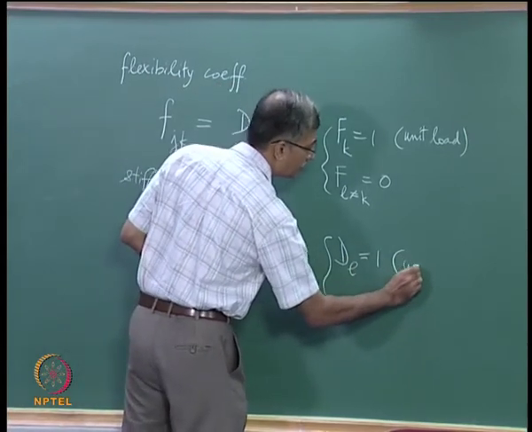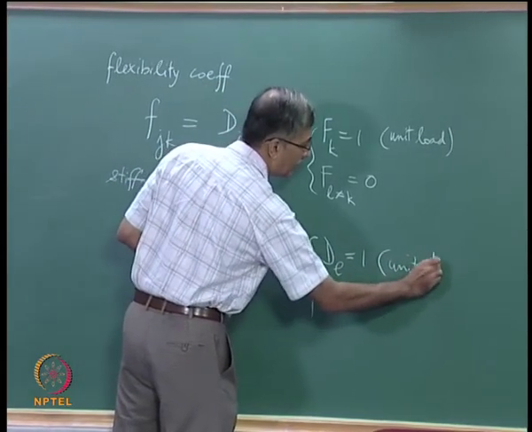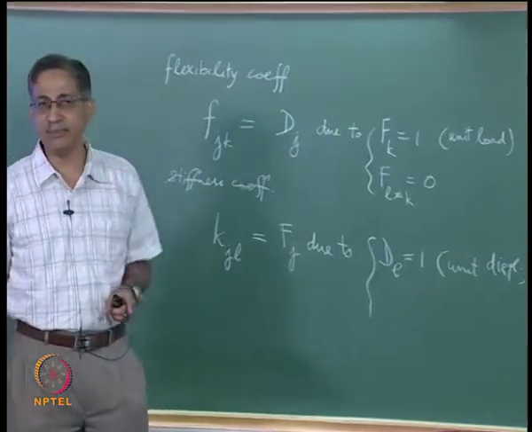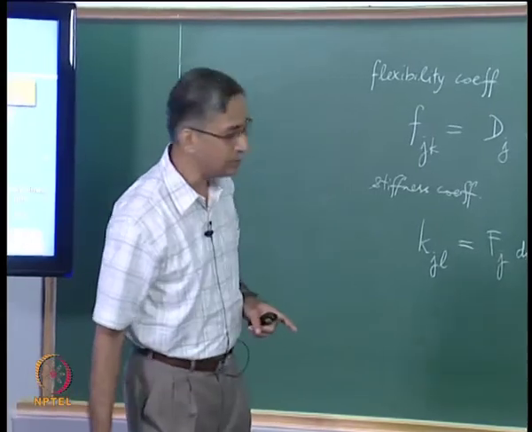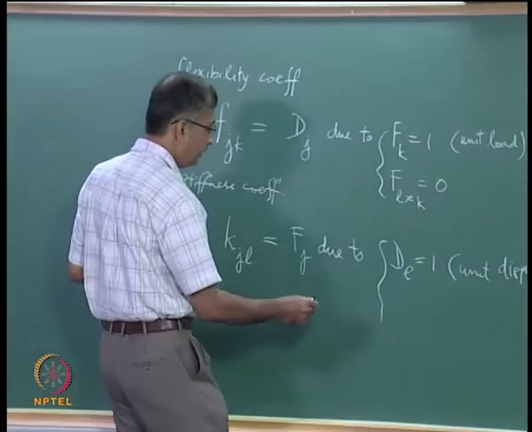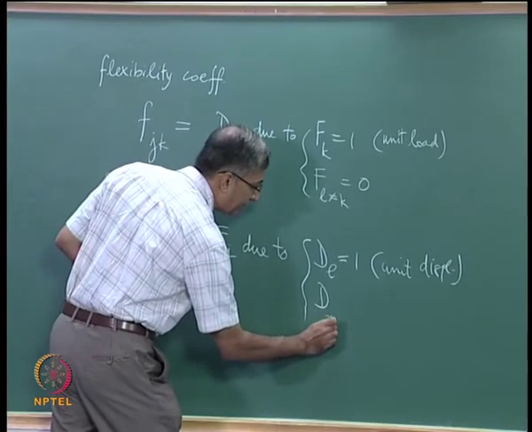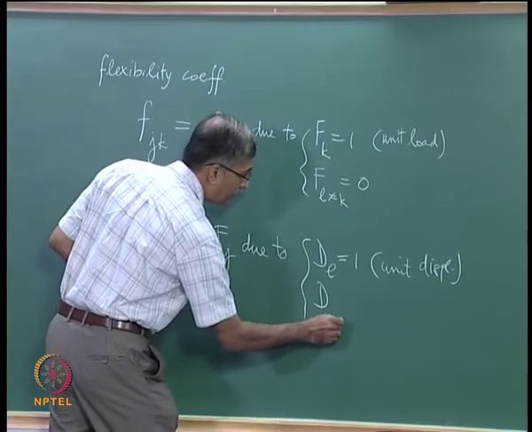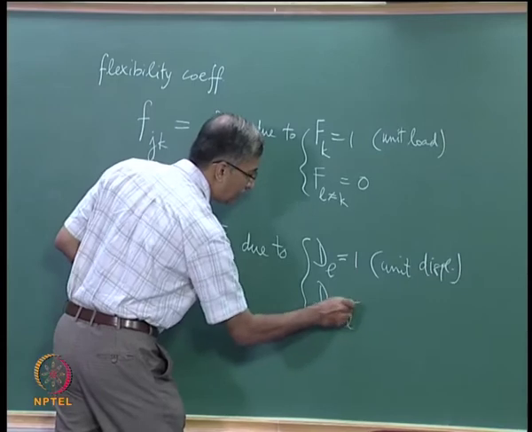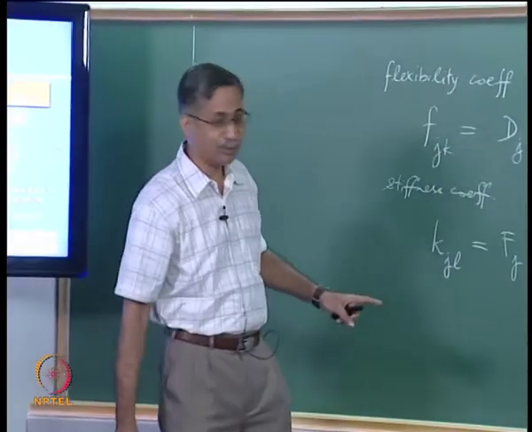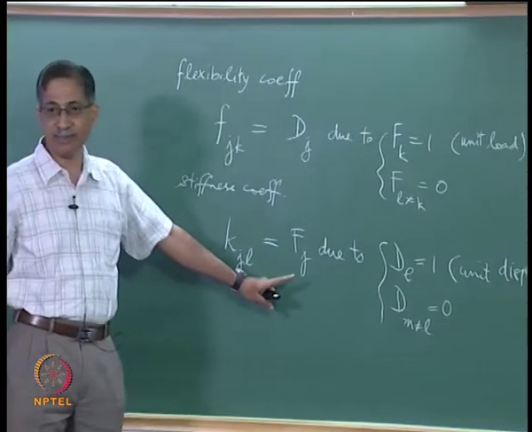That displacement for a truss is a translation, but in a beam you could have a rotation. And it is complete only if you take other joints, let us say M not equal to L. So all other displacements should be arrested, which means you are dealing with a somewhat different structure.